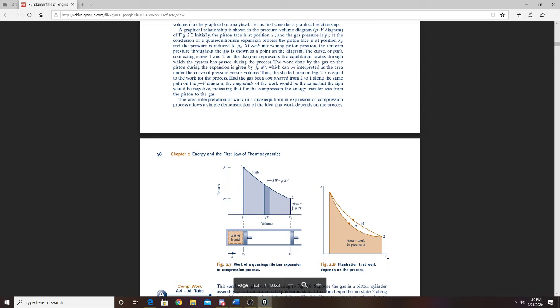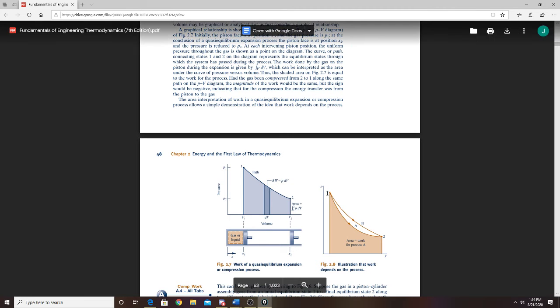The curve or path connecting states 1 to 2, which is right here, state 1 and state 2, represents the equilibrium states through which the system has passed during the process. The work done by the gas on the piston during the expansion process is given by the integral of P dV, which can be interpreted as the area under the curve of the pressure versus volume. Okay? So what it is saying is that the work can be considered the area under the curve here.